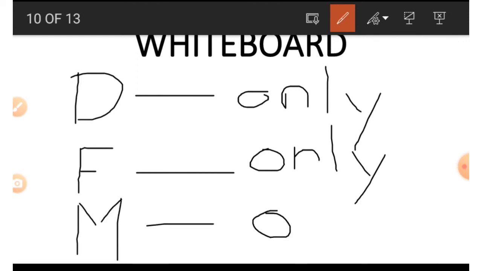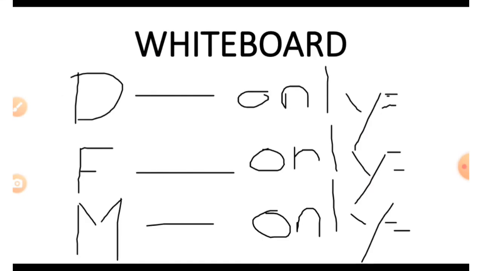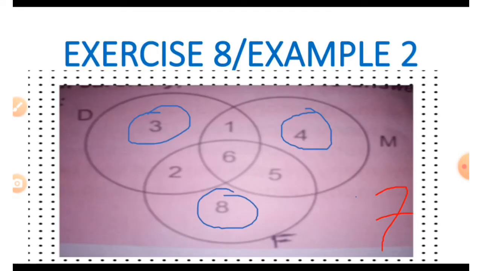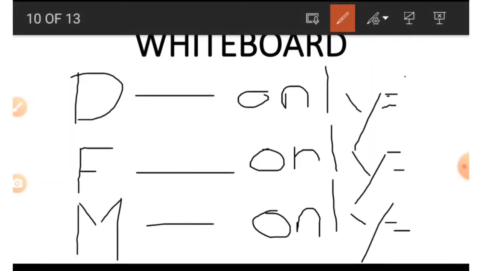Alright, so we are trying to look for the number of pupils that offer these subjects only. They don't take any other. They take one subject only. That is represented by the blue circles. For example, for drama, from what we can see there, 3. For French, 8 pupils, and for music, 4 pupils.